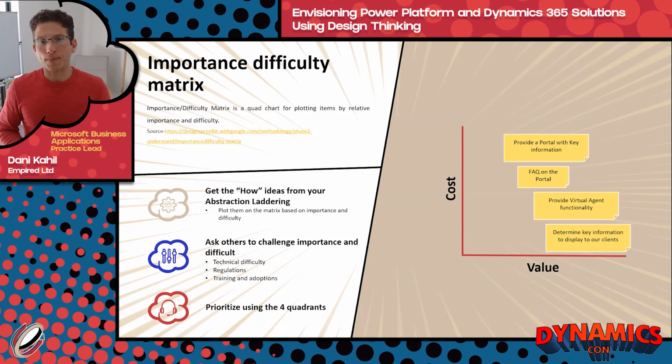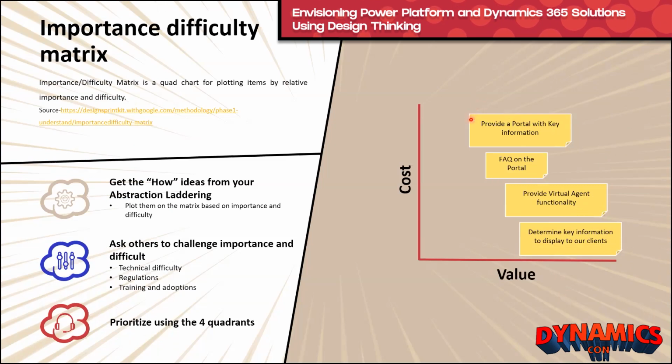So for example, all your hows from the abstraction laddering, you plot them on this chart. Cost is sometimes also rendered as difficulty. But how much value does one of the how statements give versus how costly or how difficult is it to implement?